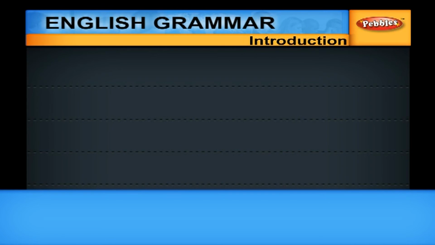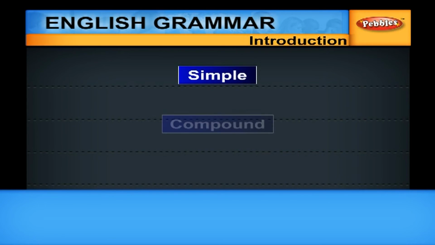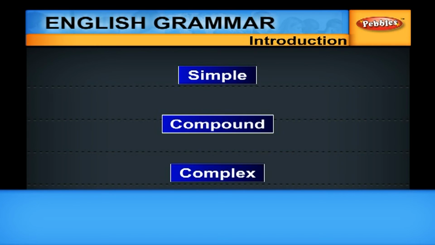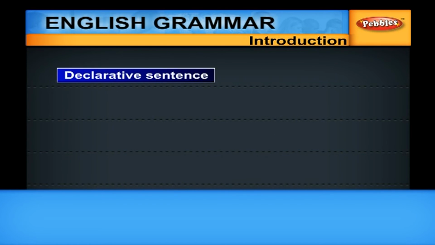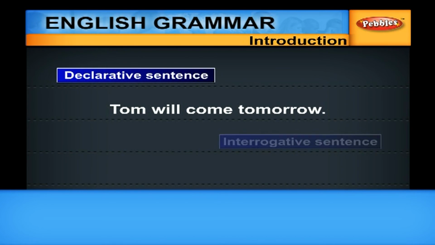A sentence can be simple, compound, or complex. It can be a declarative sentence. Example: Tom will come tomorrow. It can be an interrogative sentence.